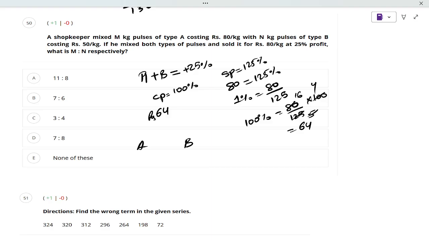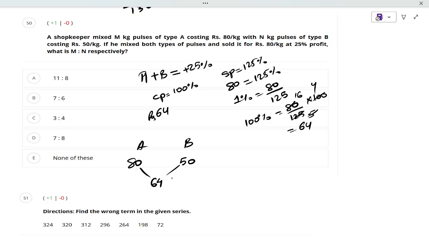Whenever you come across this mixture and allegation question, you do it this way. It's very simple. Type A was bought at 80 rupees per kg, type B at 50 rupees per kg. Now we got the cost price. Here the middle one we need to take as the cost price, as always. Now there is a method, so you do it this way.